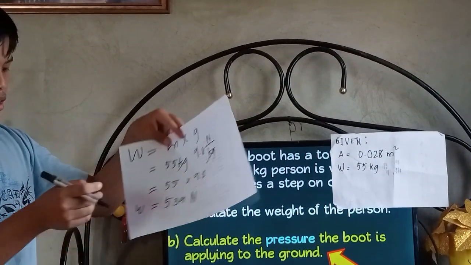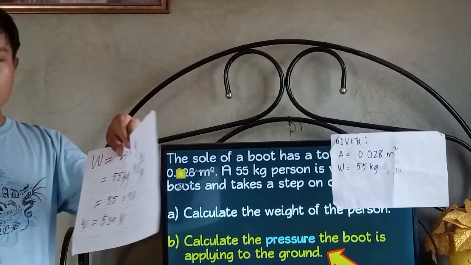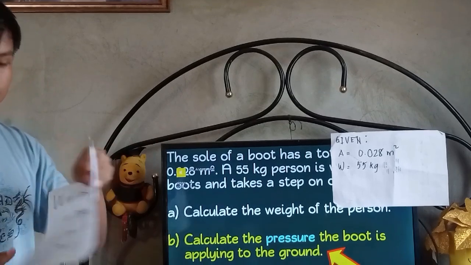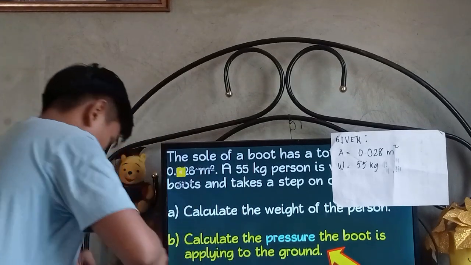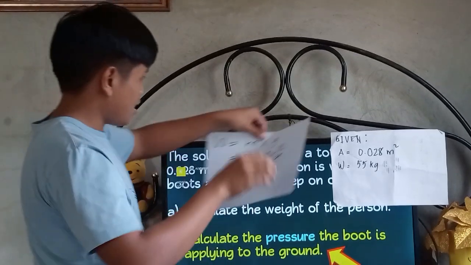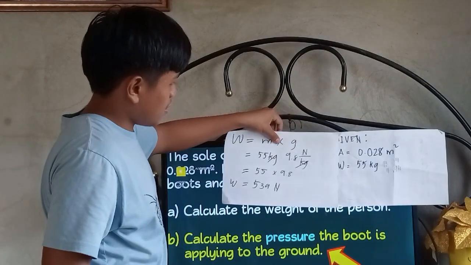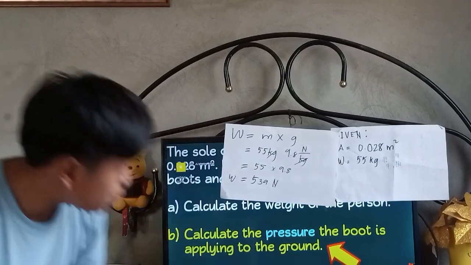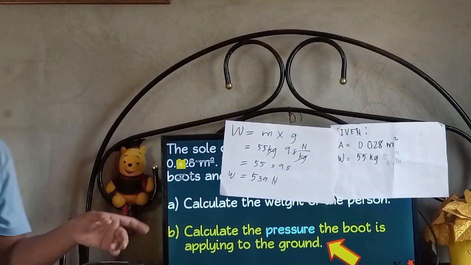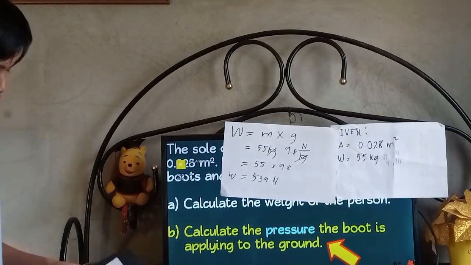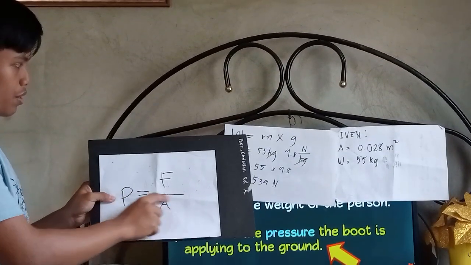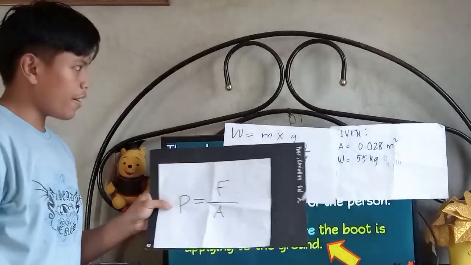Since we have our weight, we will use it in calculating the next quantity, which is the pressure. In calculating the pressure, we have our formula, P equals force over area.